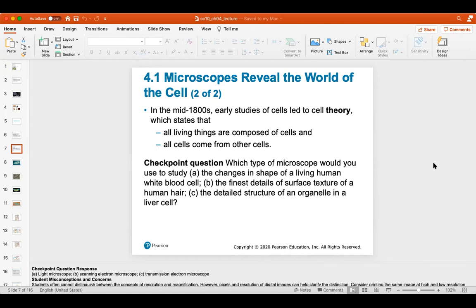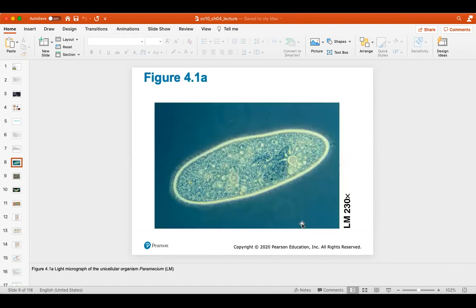The finest detail of surface texture of a human hair, we haven't really talked about, but we would use what we call a scanning electron microscope, which is just a more zoomed in version. And the detailed structure of an organelle in a liver cell, we would also use a scanning or transmission electron microscope. So here's a light microscope view, a light micrograph, of the unicellular organism paramecium.